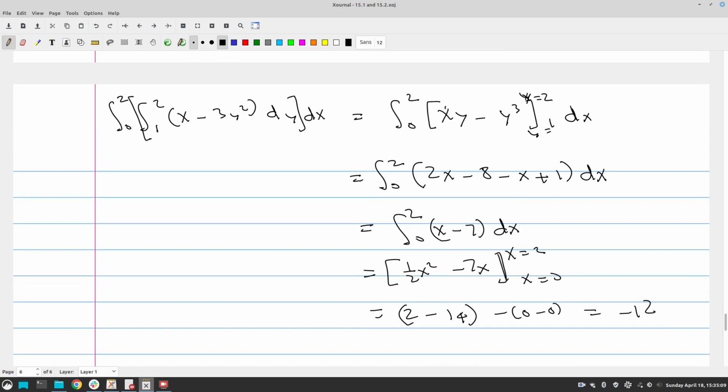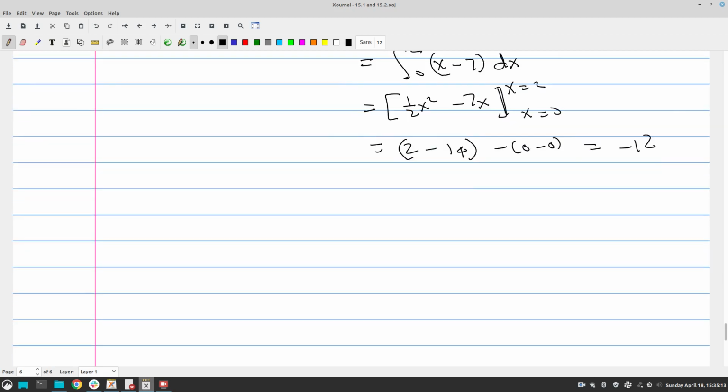Notice how Fubini's theorem is similar to Clairaut's theorem. What is Fubini's theorem?